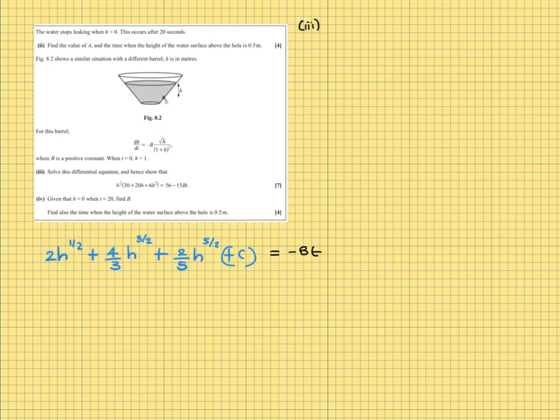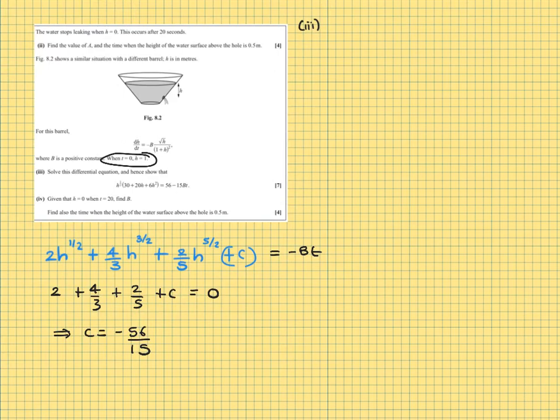And I included the constant on the left-hand side. So remember the conditions: when t equals 0, h is equal to 1. So this then gives us 2 plus 4/3 plus 2/5 plus c equals 0. So from here we can work out the value of c. It is negative 56 over 15.